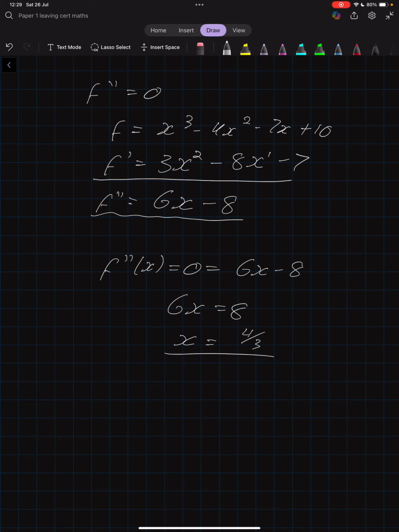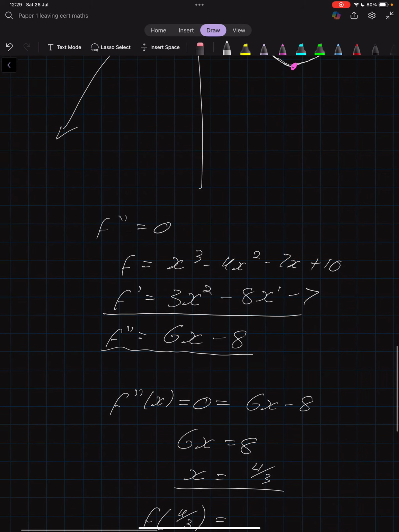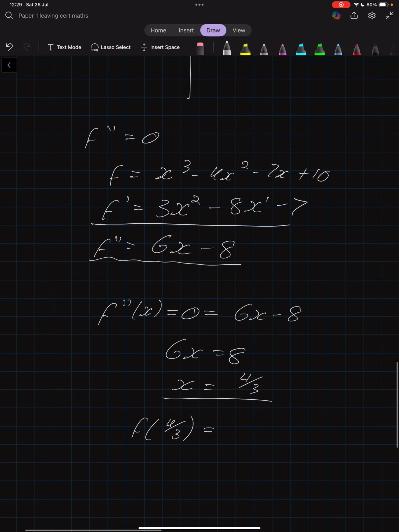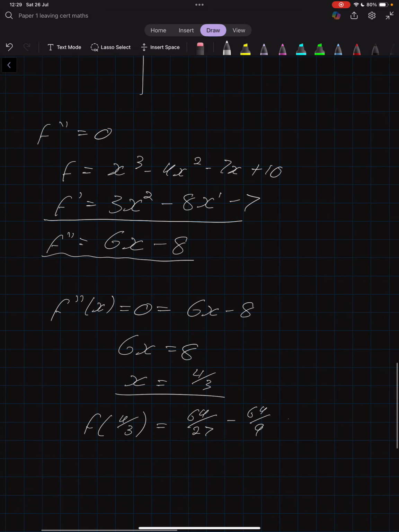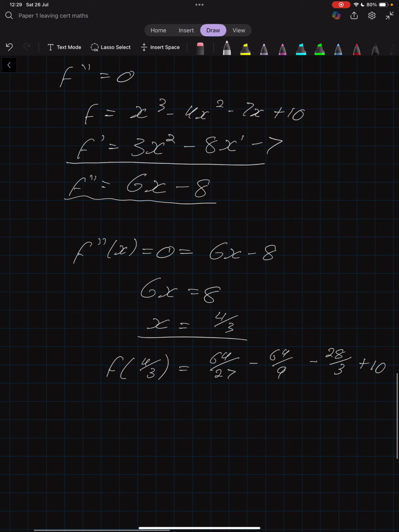So now, to figure out what the y value is, I need to calculate f of 4 over 3. Okay? So that's going to be 64 over 27 minus 64 over 9 minus 28 over 3 plus 10, all divided by 27.